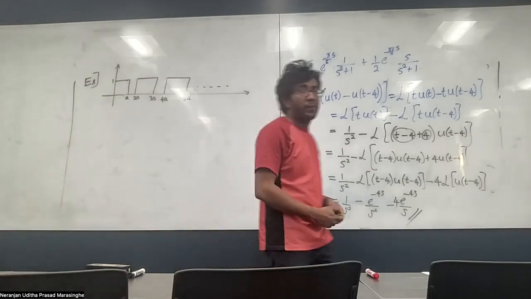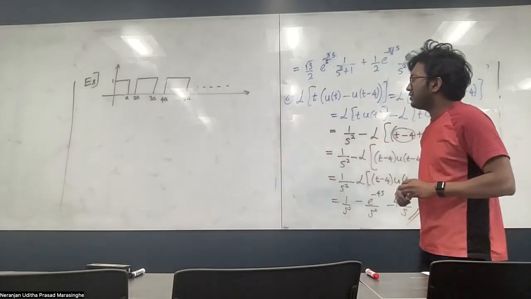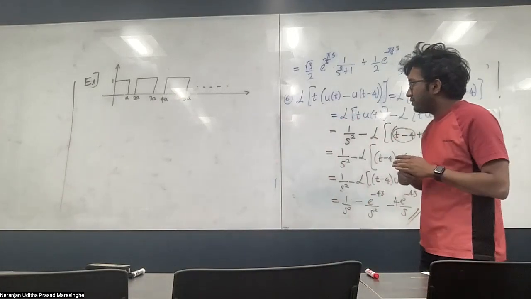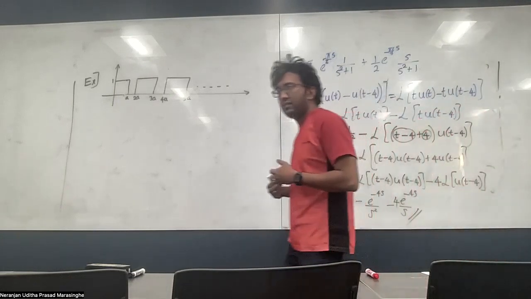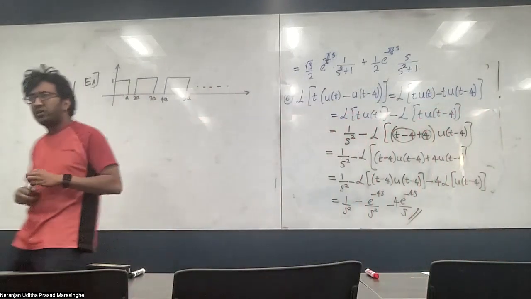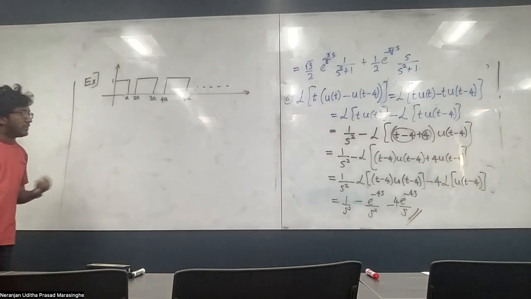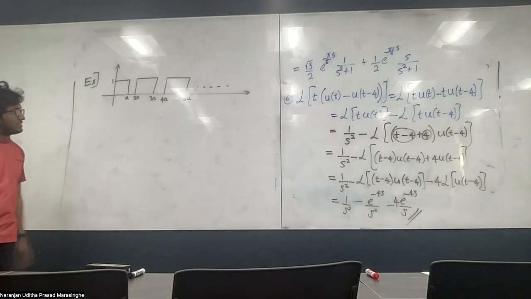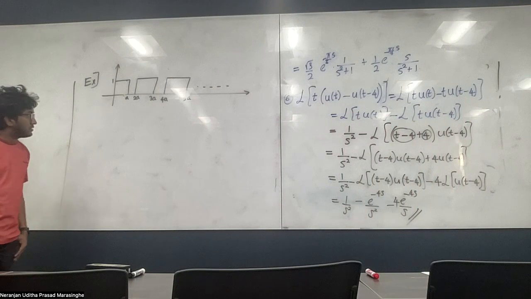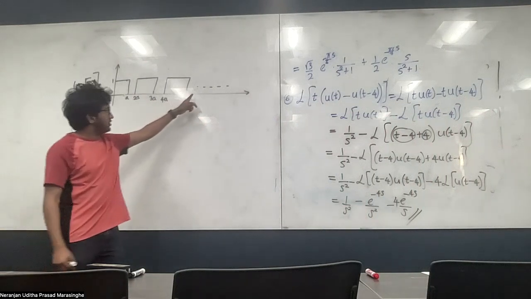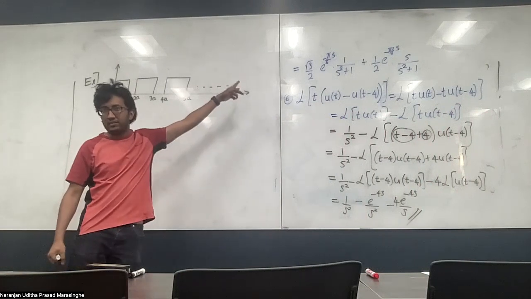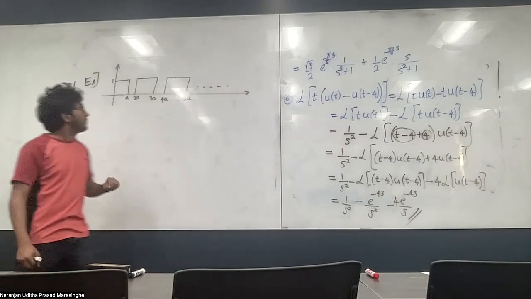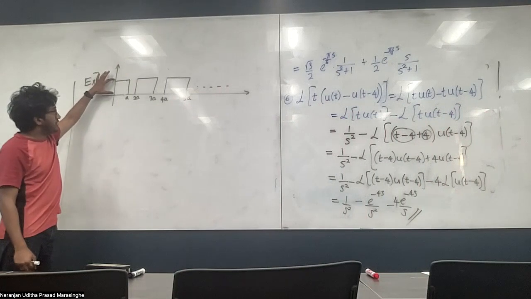These types of signals are used in electrical engineering. There's something called pulse width modulation. In communication theory, these things are used. This pattern is continued, so the next one would start at 6A, 6A to 7A. And the amplitude is 1.